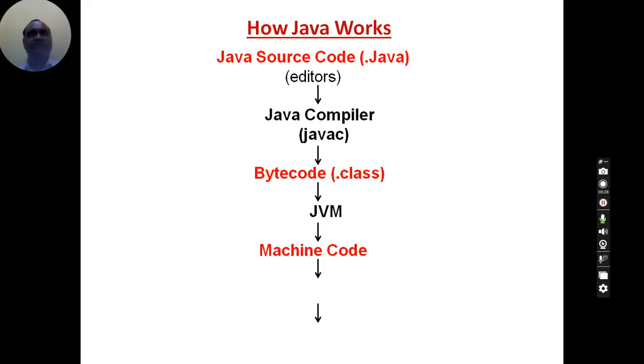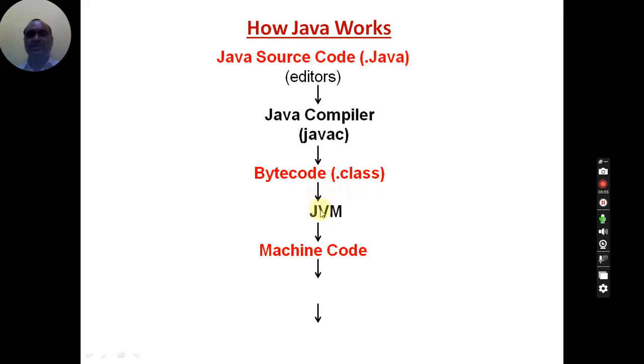If you are working with Linux, you have a separate JVM. If you are working with the Macintosh operating system, that is Mac, for Mac you have a separate JVM. Based on which type of operating system you are working with, a suitable JVM needs to be installed on your computer system.